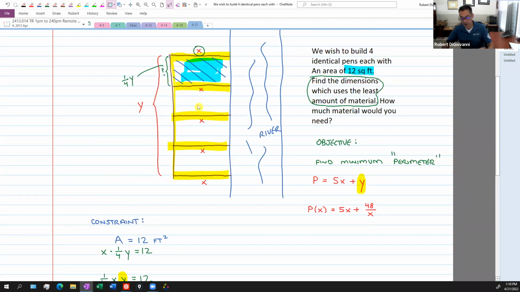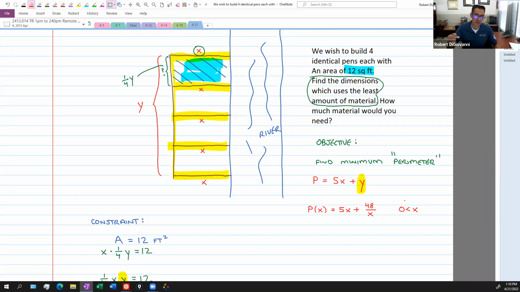So my X has to be bigger than 0, but at the same time, I can make X really, really long and my Y's would be really, really narrow. I can make X as long as I want, right? Do y'all understand that? That's an important aspect of these problems.